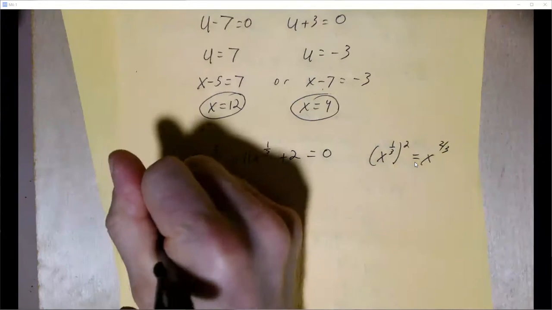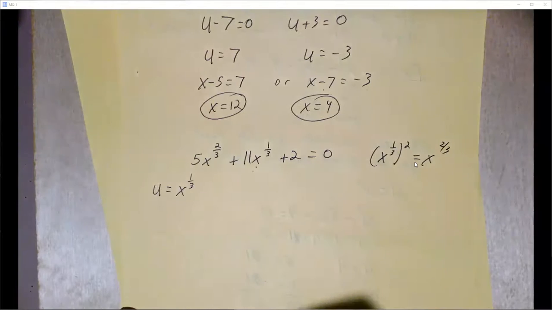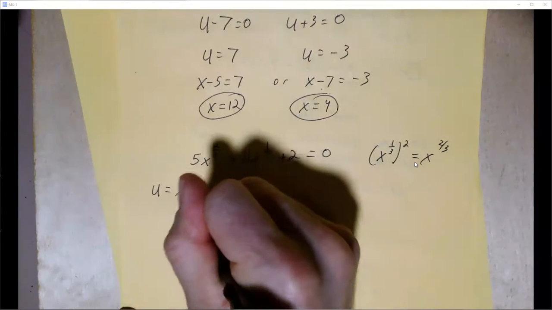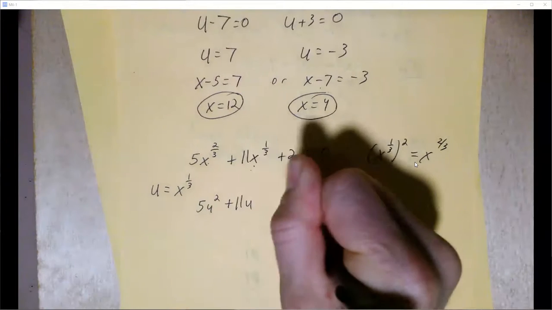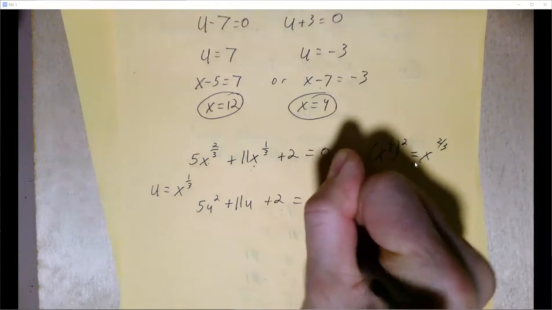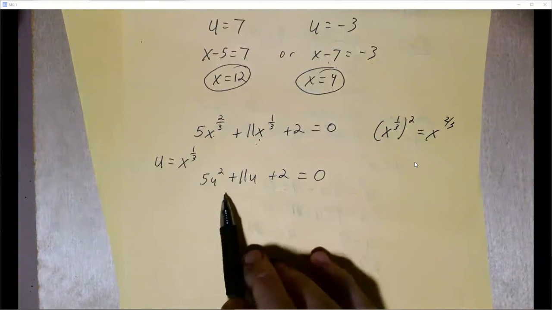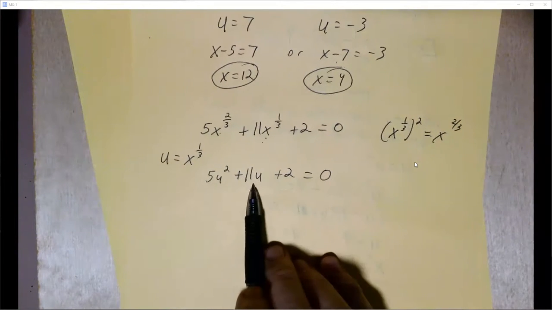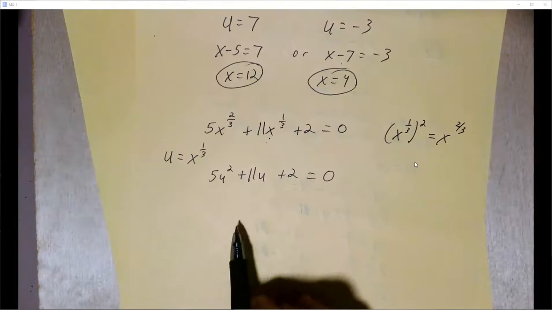So if I let u equals x to the 1/3, then this would be 5u squared. This would be 11u plus 2 equals 0. And again, now here I could use the quadratic formula to solve for u, complete the square, factor, do an AC method.